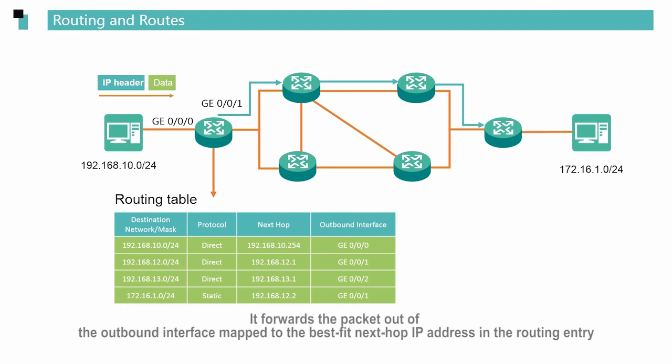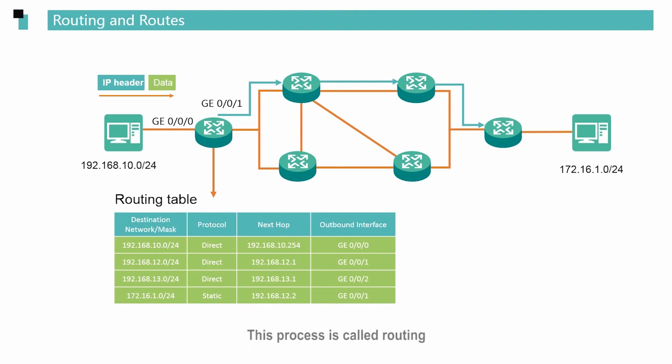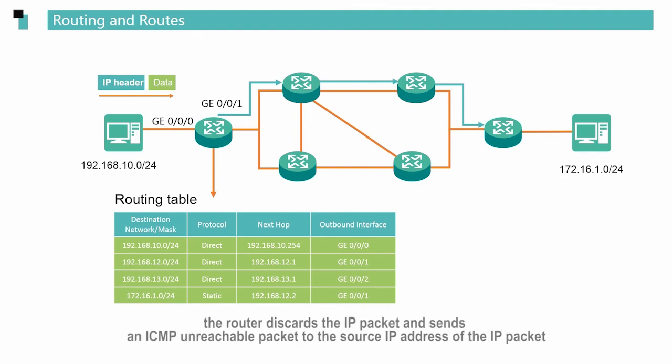It forwards the packet out of the outbound interface mapped to the best fit next hop IP address in the routing entry. This process is called routing. If no route matches the destination IP address, the router discards the IP packet and sends an ICMP unreachable packet to the source IP address of the IP packet.